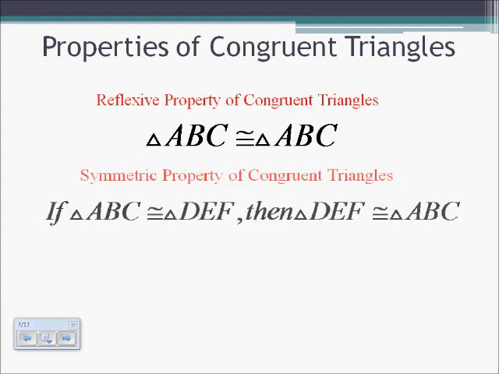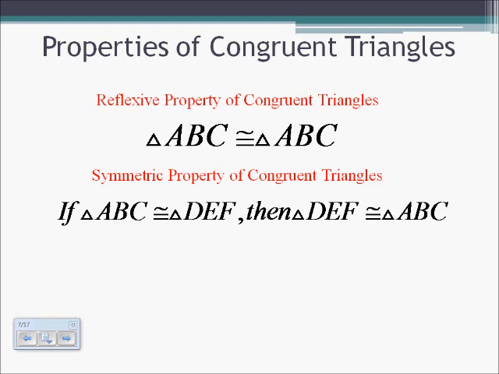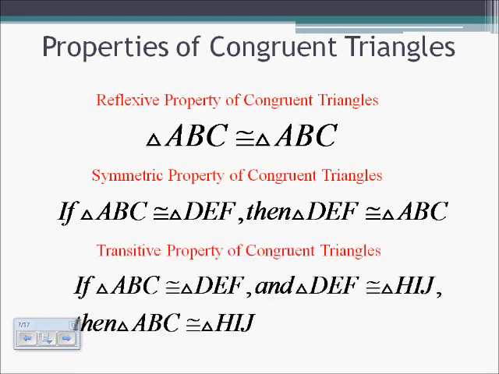We have the symmetric property of congruent triangles, that if triangle ABC is congruent to triangle DEF, then triangle DEF is congruent to triangle ABC. And lastly, we have the transitive property of congruent triangles, which states that if triangle ABC is congruent to triangle DEF and DEF is congruent to triangle HIJ, then triangle ABC is congruent to HIJ. The reflexive, the symmetric, and the transitive property are holding true in this avenue as they did in the past.